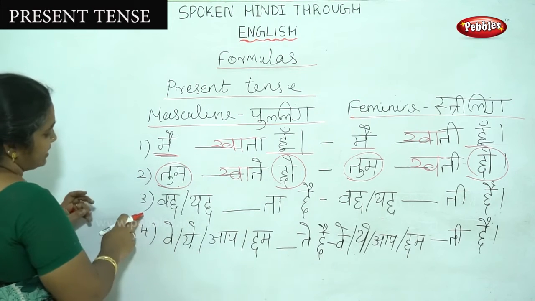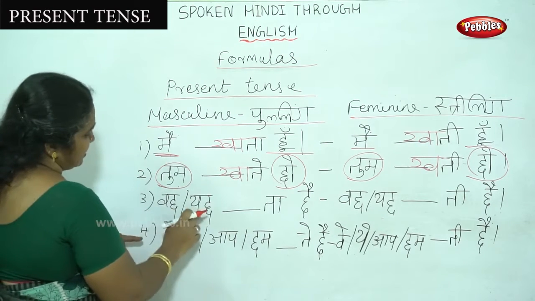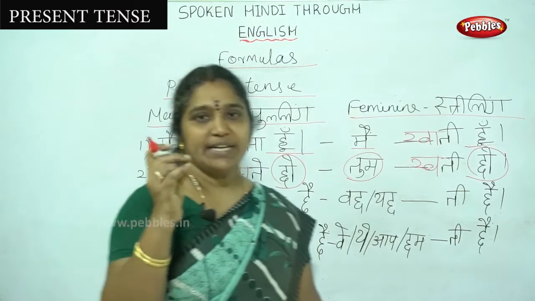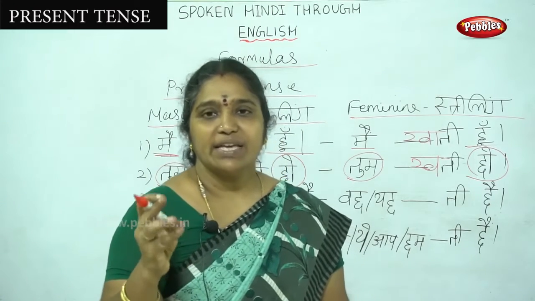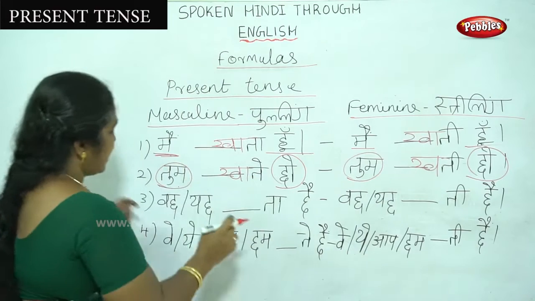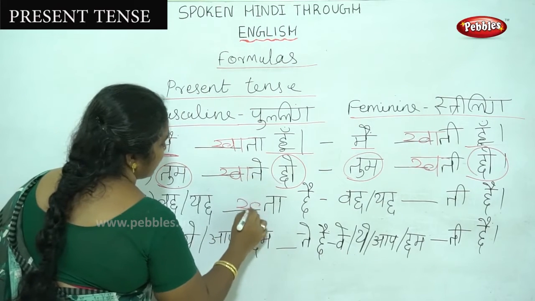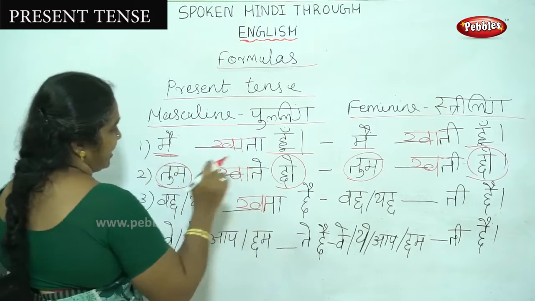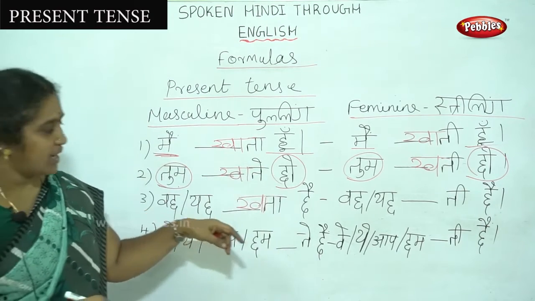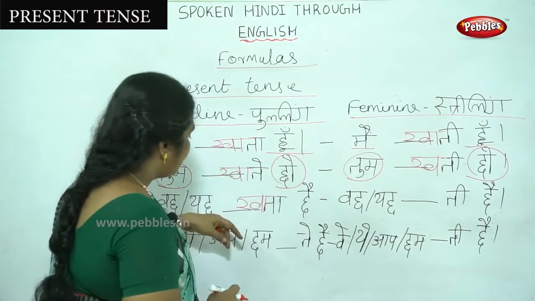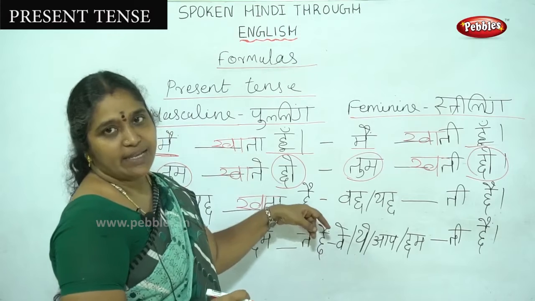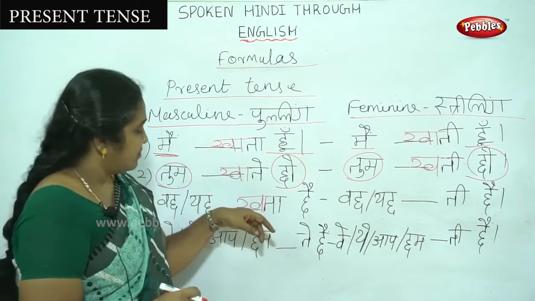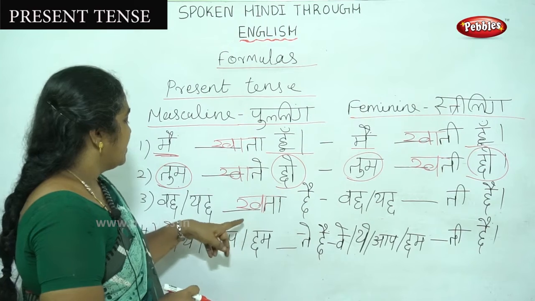Then going for the next one, वह, यह. वह, यह means he, she, it. Here also we can put खा. वह खाता है. यह खाता है means here a feminine is not, it is a masculine.